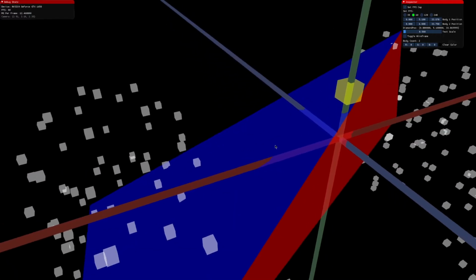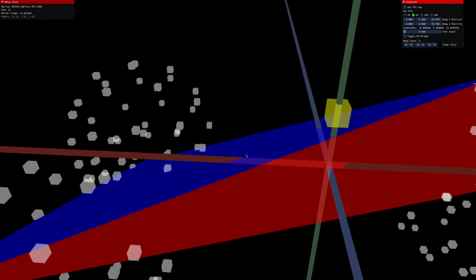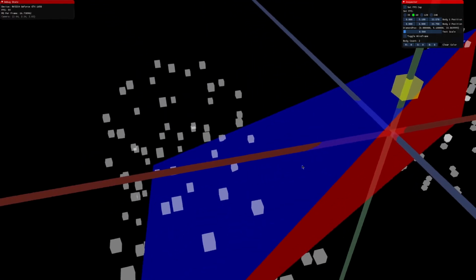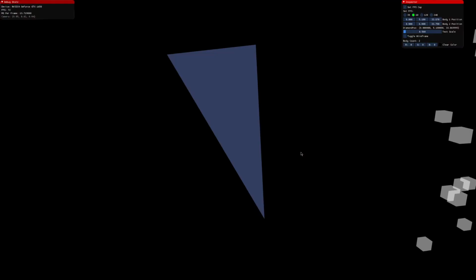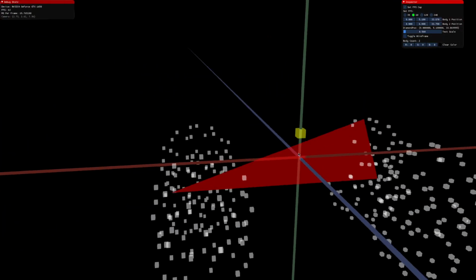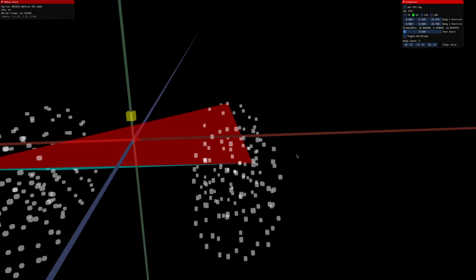So how does it do it? GJK gave me this tetrahedron, right? And it is guaranteed that the origin is inside the tetrahedron, because that's how I knew the things were colliding, right?